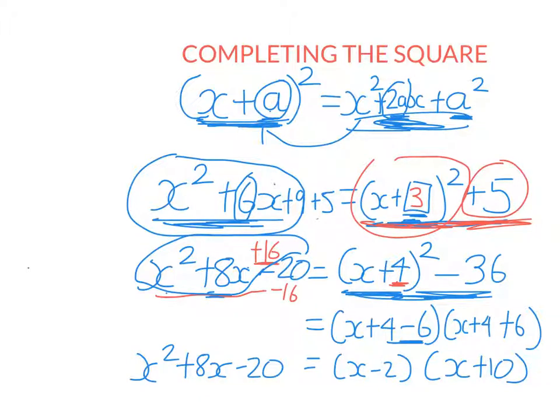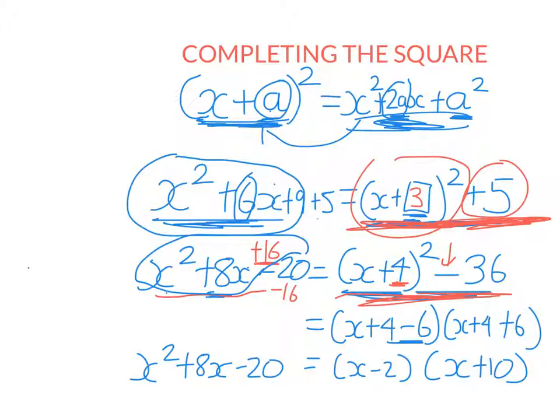I cannot factorize this expression because there's no rule for factorizing x² plus a number, something squared plus a number. There's no rule for factorizing the sum of two squares. There is a rule for factorizing the difference of two squares. This minus here makes all the difference. So sometimes you'll be able to factorize, sometimes you won't.